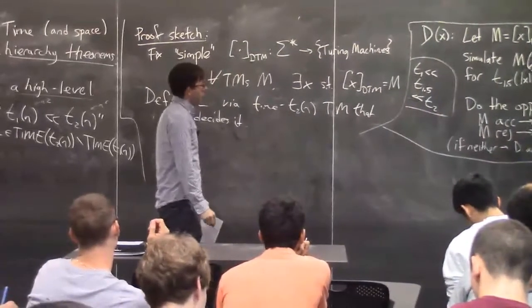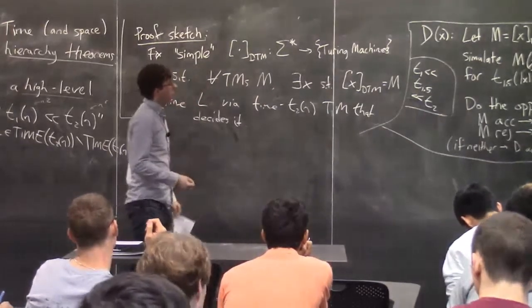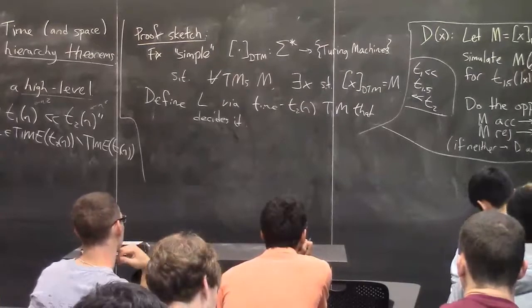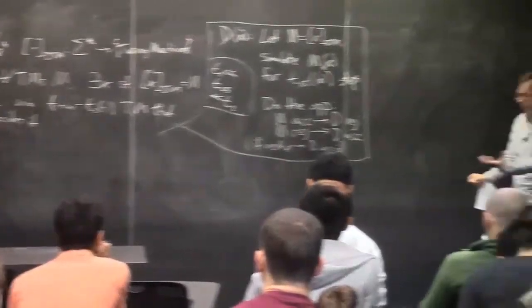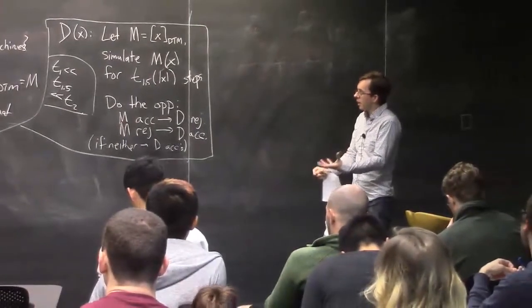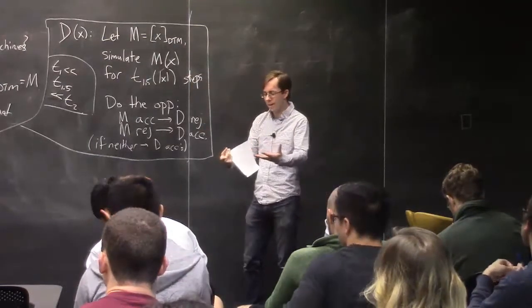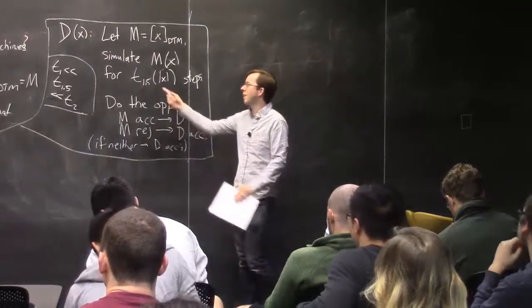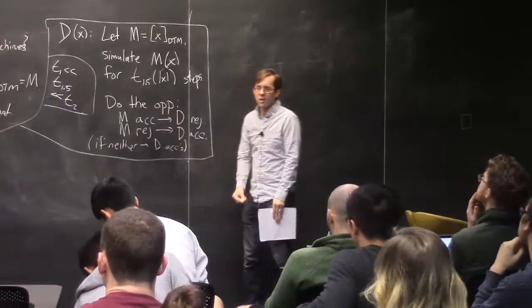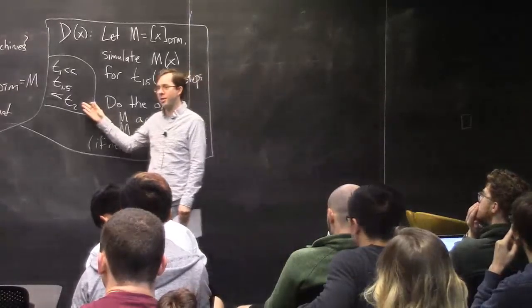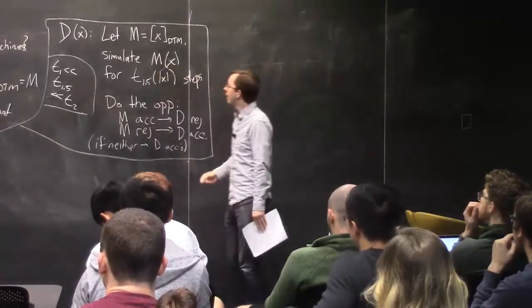So let's take a look at D's action, still at a high level. What does D mainly have to do? It mainly has to carry out this simulation of a Turing machine. It's got the description of the Turing machine, its state, transition table, and everything, and it's got the input x. It's got to simulate it for this many steps. Maybe there's a little bit of overhead in simulation, but that's why I'm imagining T2 is somewhat bigger than T1.5.